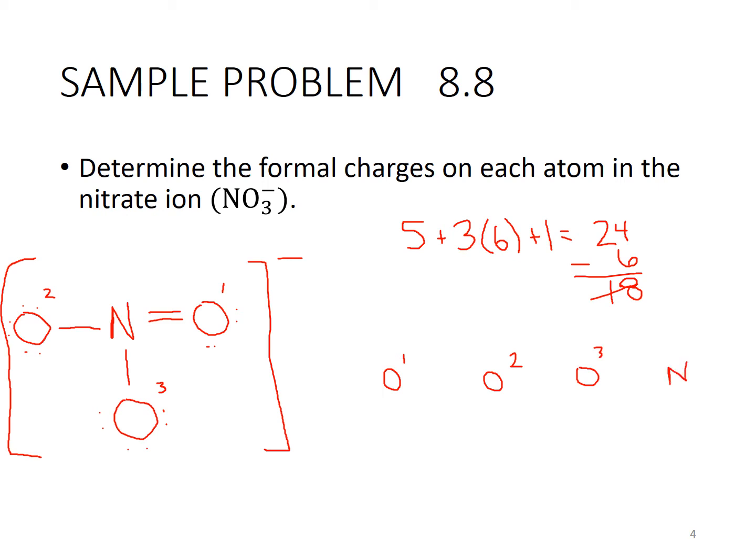We start with valence electrons: 6, 6, 6, and 5. You can split these into 2 categories. I sometimes do. You could do minus 1/2 the bonding electrons, and then minus the non-bonding electrons.